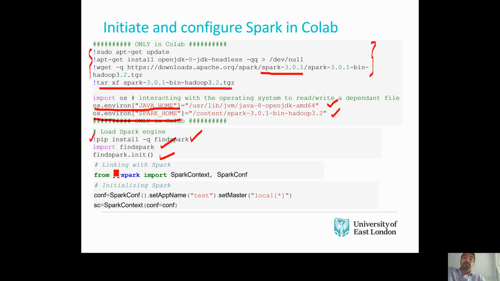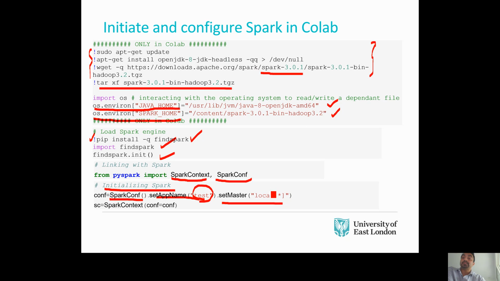Then you have to link your application with Spark. As I said, guys, you need Spark context. This is the interaction with the end user, and SparkConf, or Spark configuration, is going to configure your Spark. So how can we initiate Spark? You have to say SparkConf, set application name. Here I made it test, and set master. Can you guys see that?